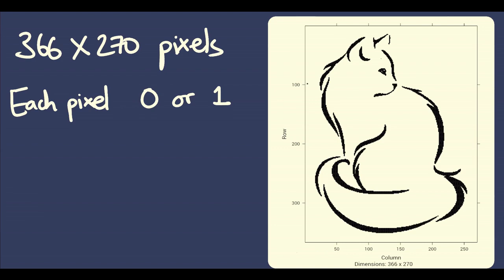So what we're going to do now is think about corrupting this image with noise. Because we're dealing with a simple image composed of either zeros or ones, 0 for the white pixel and 1 for a dark pixel, we're going to randomly flip the pixels with probability 0.1, independently over pixels, right?